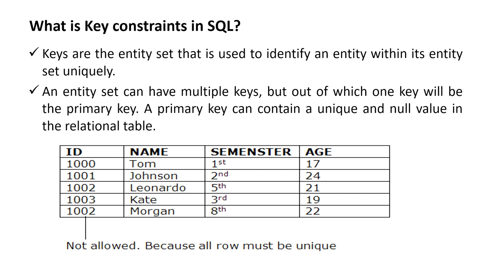So a primary key always contains a unique value. So see the example. I have 4 columns: ID, name, semester and age. In the ID column I have already added 1002. So in the last row, if I add 1002 again, then it's not allowed because all rows must be unique.